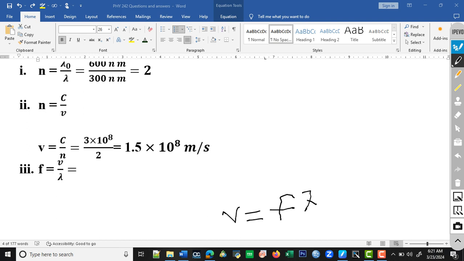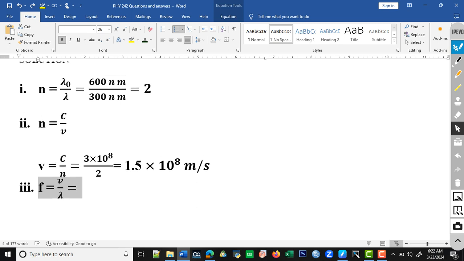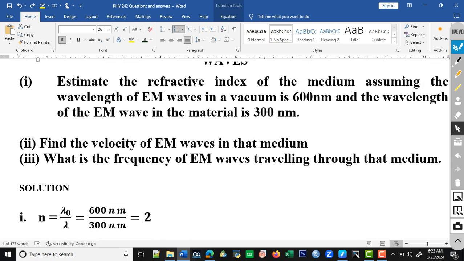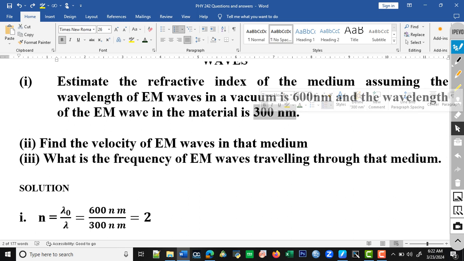If we make the frequency the subject, we have v over lambda. That's the expression we are going to use here, and we have the value for v, the velocity in that medium, and we have the value for lambda, the wavelength in the medium, which was given in the question to be 300 nanometer, as you can see here.